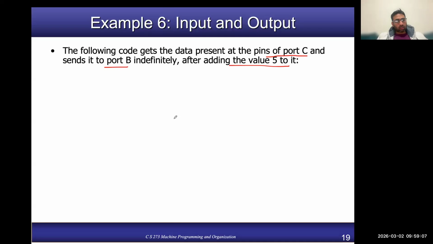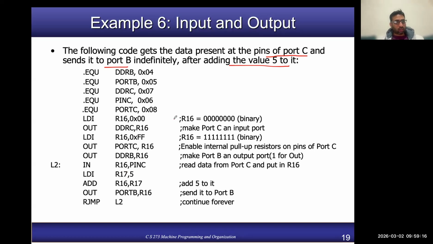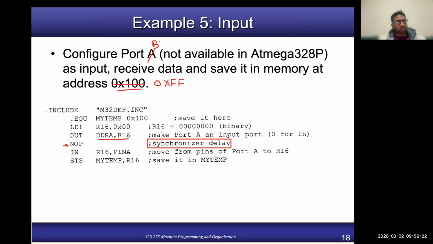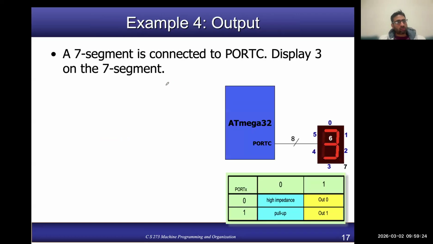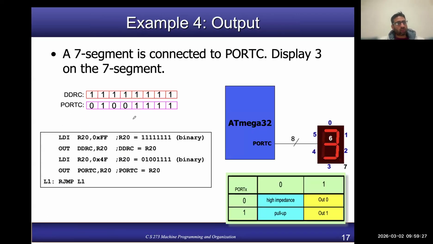Okay, I think I can go ahead and explain the solution here. Before I explain the solution, in this example, we are using out, right? We are saying out port C, comma R20, or for example, out DDRC, R20.